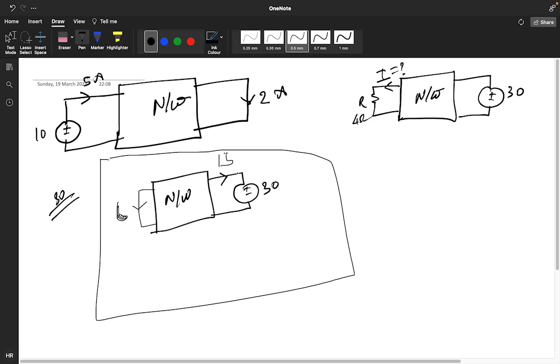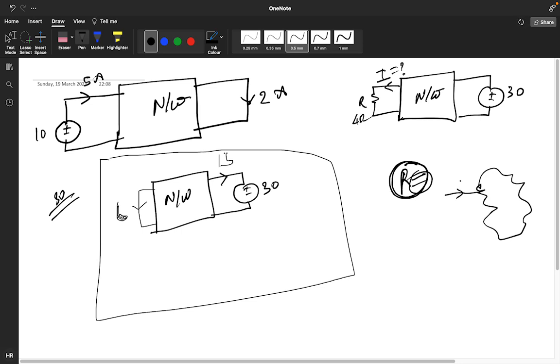I just want to tell you one thing: you need to find the value of R equivalent, the RN value. RN value means a network value, we need to find the resistance value. Suppose this is my huge circuit.